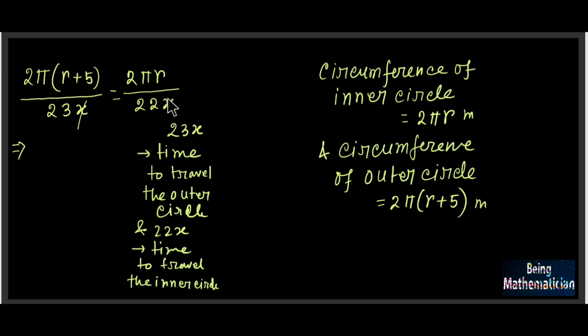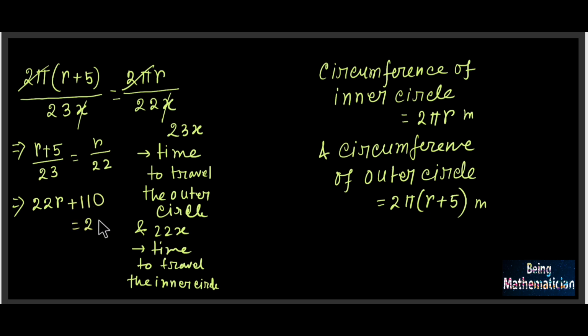Now x and x cancel out, 2 pi is cancelled out by 2 pi, so we get r plus 5 by 23 is equal to r by 22. Now cross multiplying this, we get 22r plus 110 is equal to 23r. Now r is equal to 110.